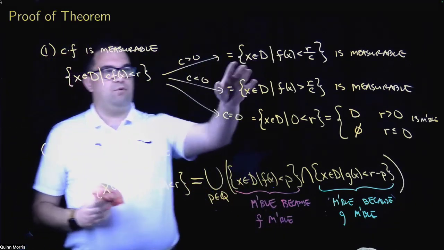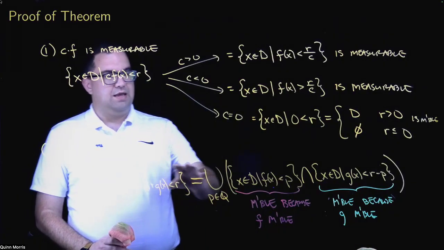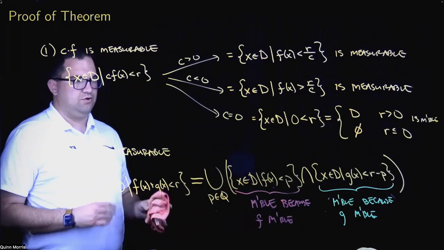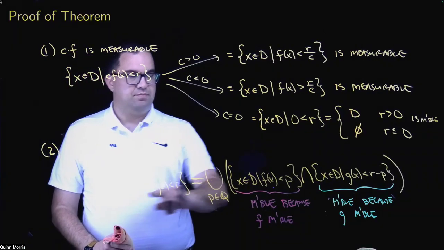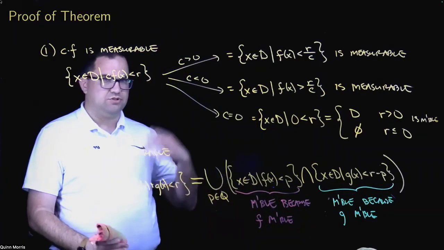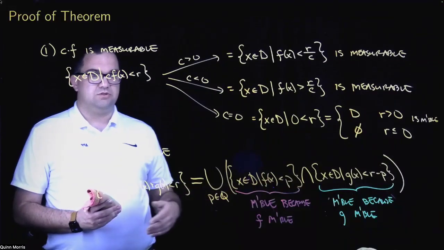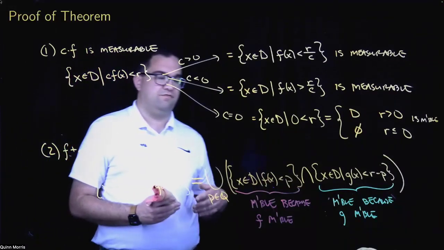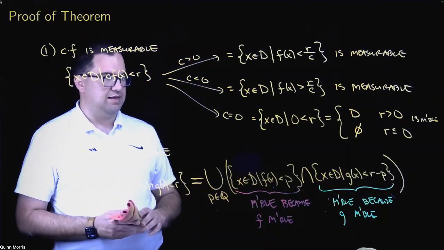In the first example, it was really just playing around with some inequalities. In the second case, we actually needed to do a little more sophisticated set theory to re-express this set as an appropriate intersection or union or whatever of measurable sets, so that we could then apply the fact that measurable sets form a sigma algebra to get measurability of this set.